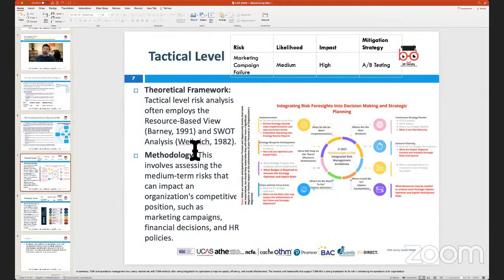Now, when we look at tactical risks, what we are looking at essentially here is risks which are going to be related to resources.